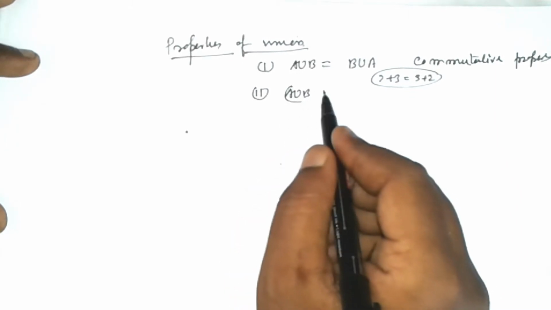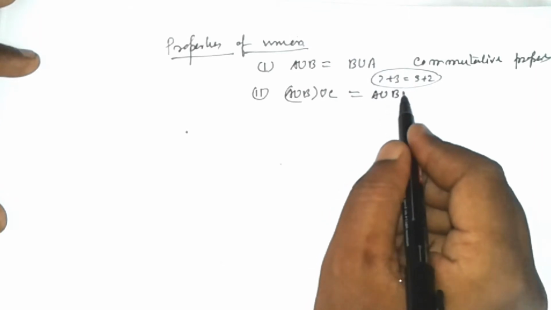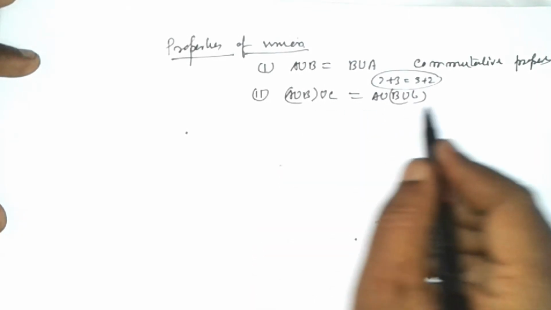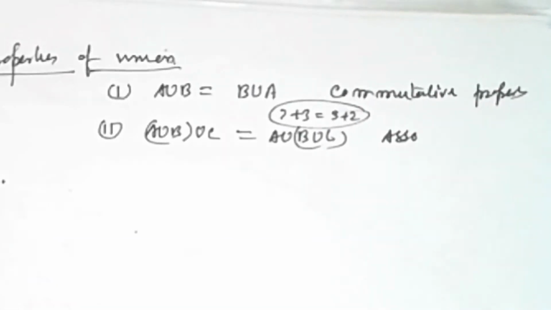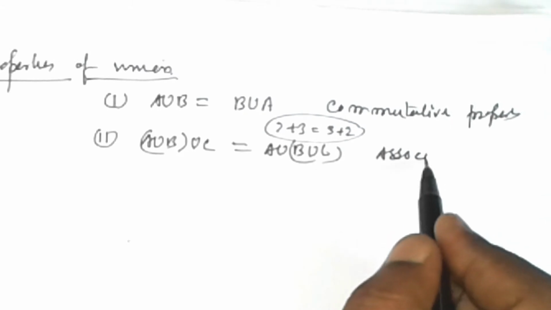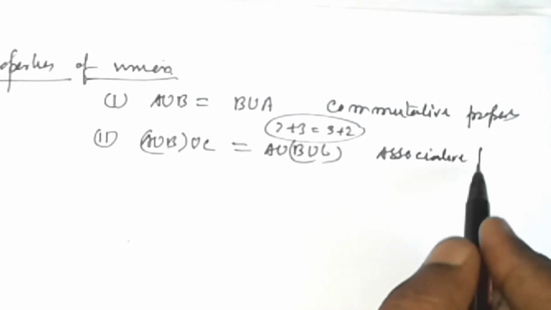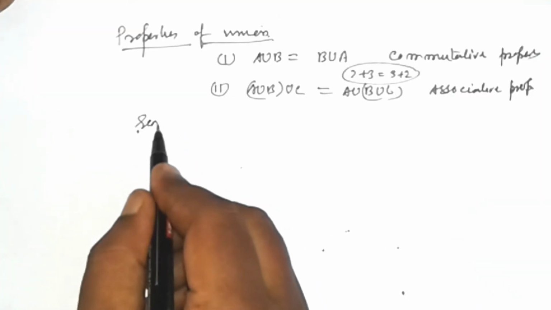A union B, union C, A union B, union C. This is associative property. Some other properties.